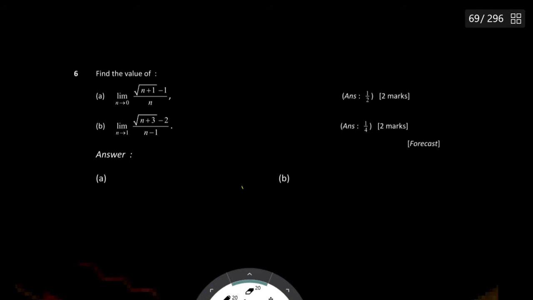Therefore, I must do some changes. Since there is a surd here, what is the change that we must do? We must multiply with the conjugate. Look at the surd here. The surd is square root of n plus 1, then minus 1, right? So the conjugate will be square root of n plus 1 plus 1. It's a little bit different compared to the Form 4 one that you learned.